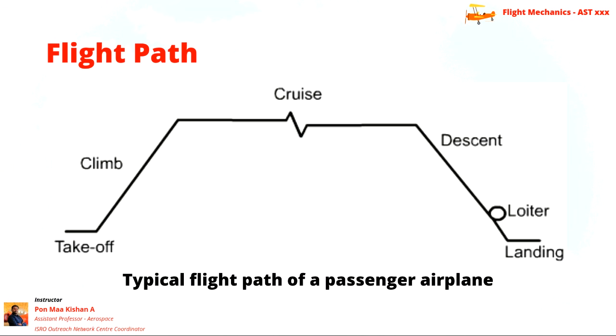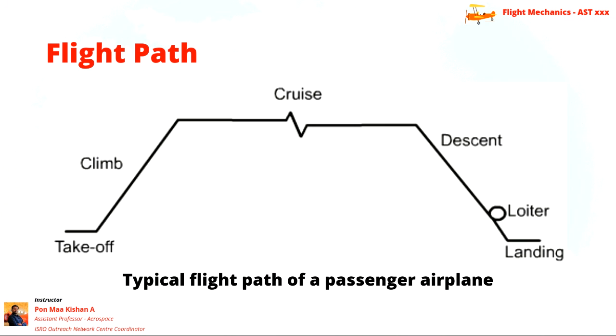So the important thing is the flight path. The forces and movements, basically you know very well. Apart from that, the basic flight path, as you can see in the image, is given with respect to takeoff, climb, cruise, descent, and there is a term called loiter, and landing. So what does loiter indicate? Loiter is when the pilot wants to land at an airport, but ATC, air traffic control, is not approving because, let's say, there is heavy traffic on the runway.